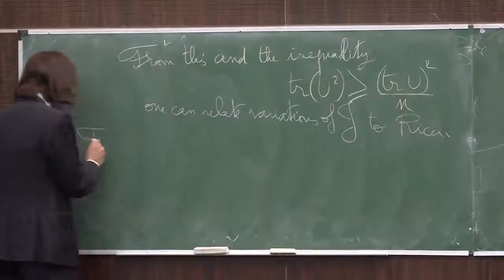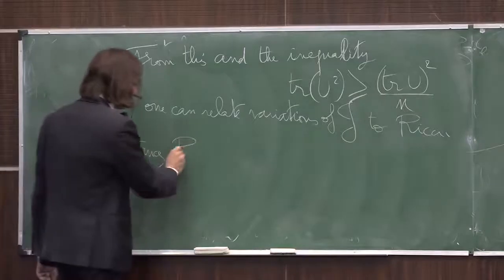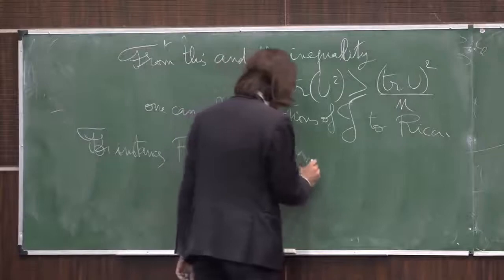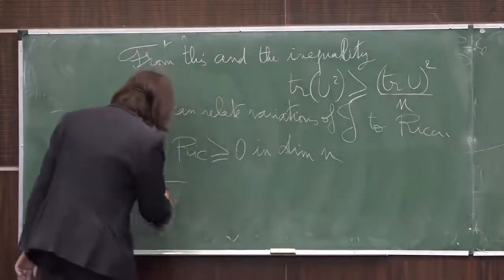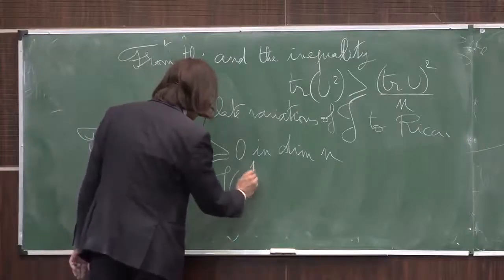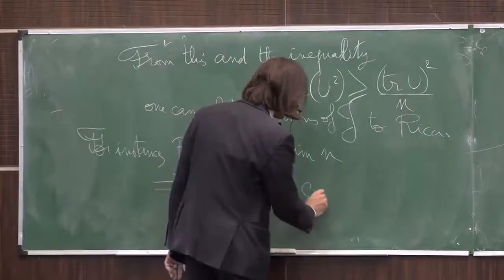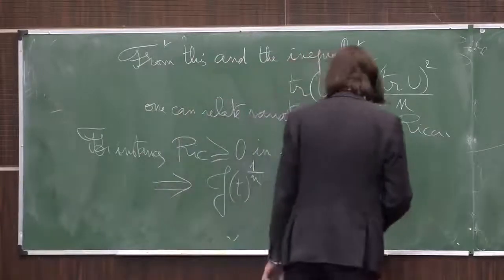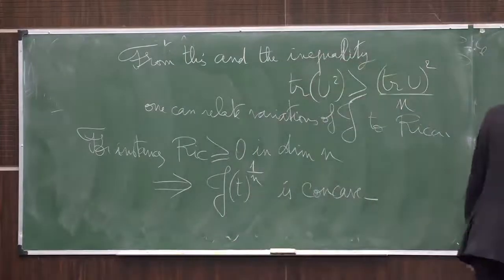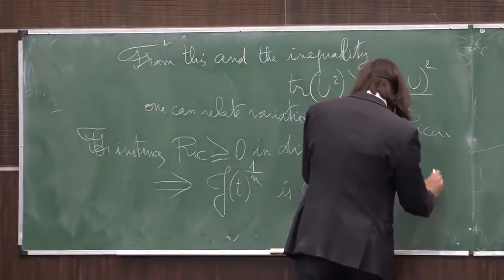And found that, for instance, Ricci non-negative in dimension n implies that J of t to the power 1 over n is concave as a function of t.